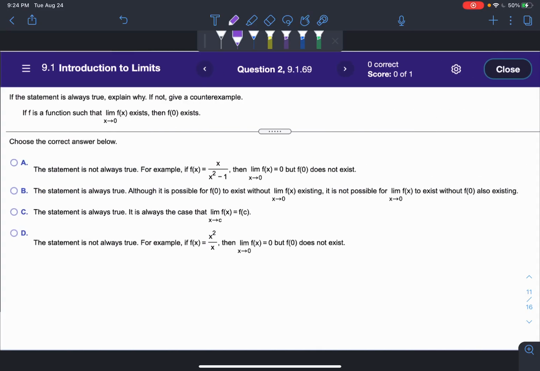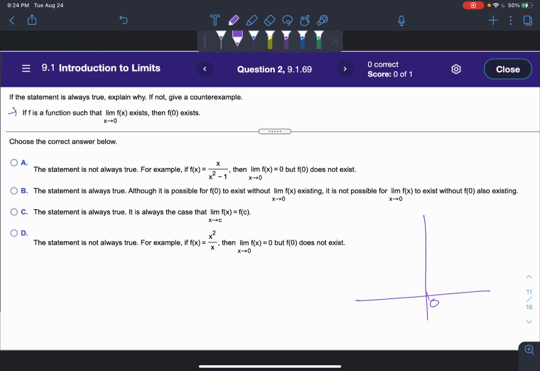Alright, so another one. If f is a function such that the limit of f of x as x approaches 0 exists, then the function value at x equals 0 exists. Now this isn't always true, and what it's saying graphically is that I have 0 here.